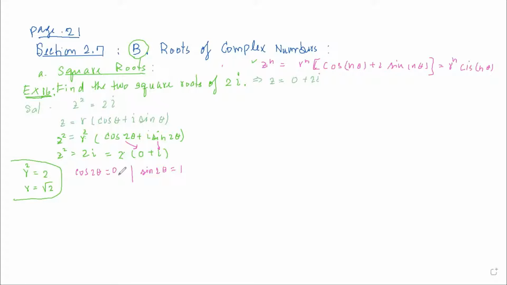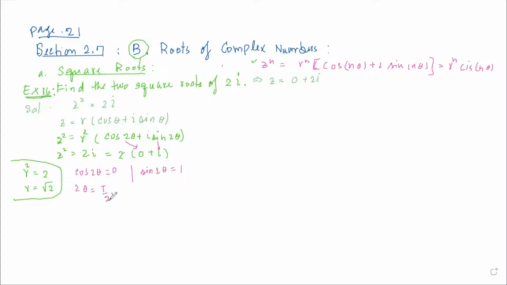You can work with either one to get theta. If we work from cosine 2 theta equals 0, we have 2 theta equal to the inverse cosine of 0, which is 90 degrees, which is pi over 2.